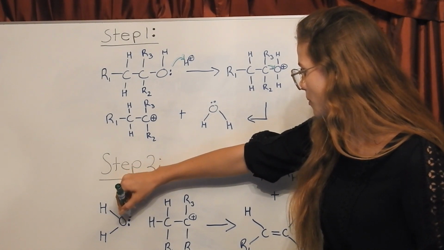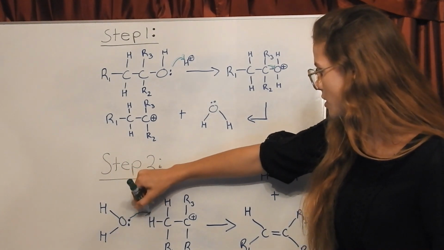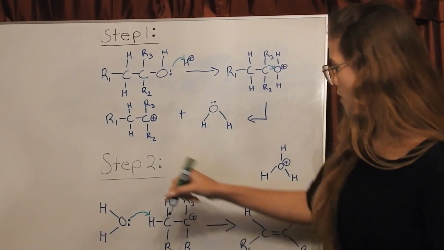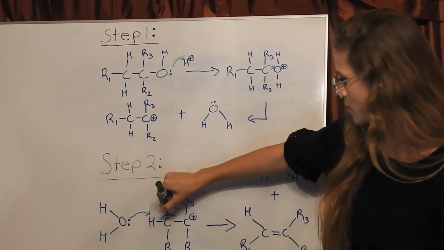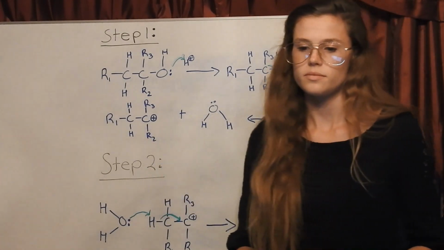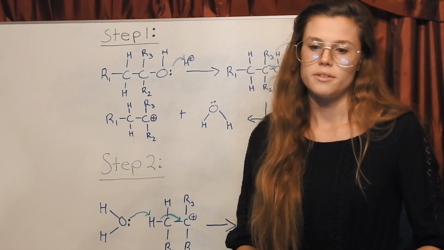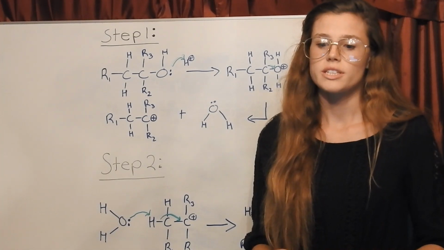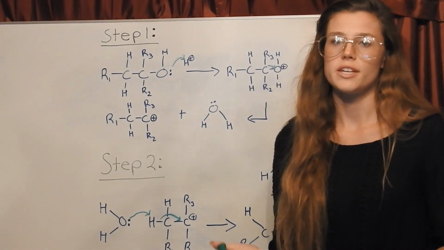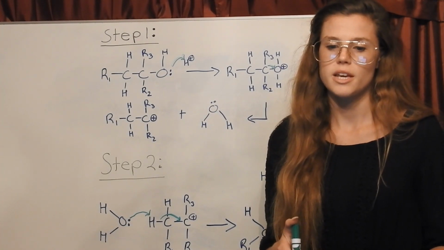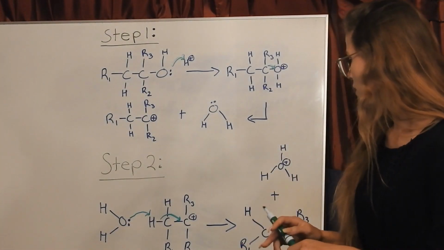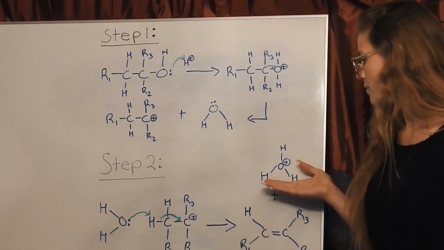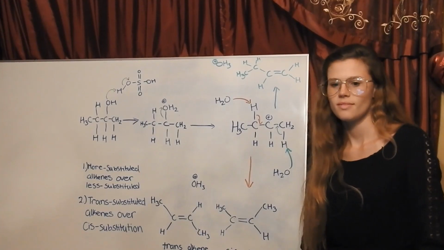So we go from the oxygen to the hydrogen, and then from this bond over here, from an adjacent carbon atom to the carbocation center, which leads to the creation of the carbon-carbon bond and the alkene. So this is the alkene product, and we're left with a hydronium as well.